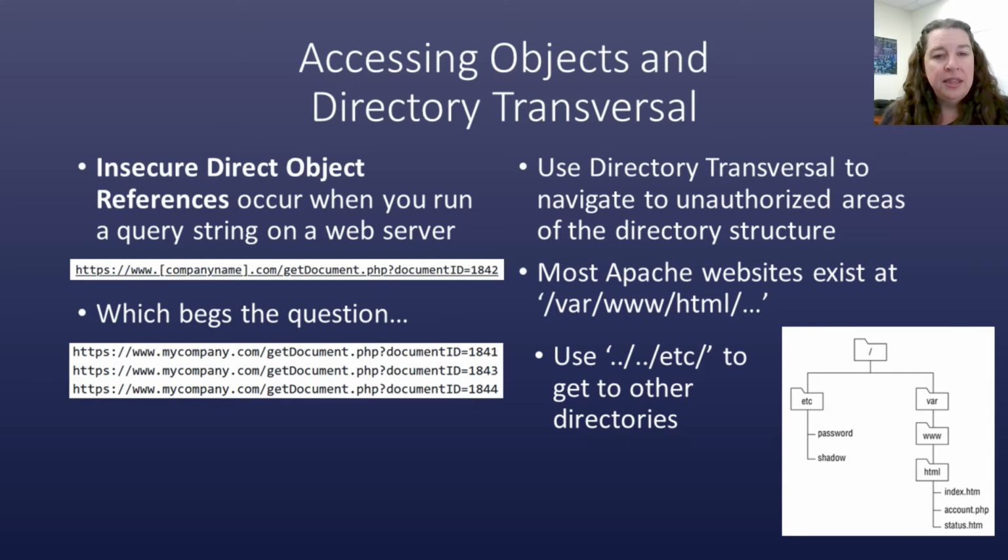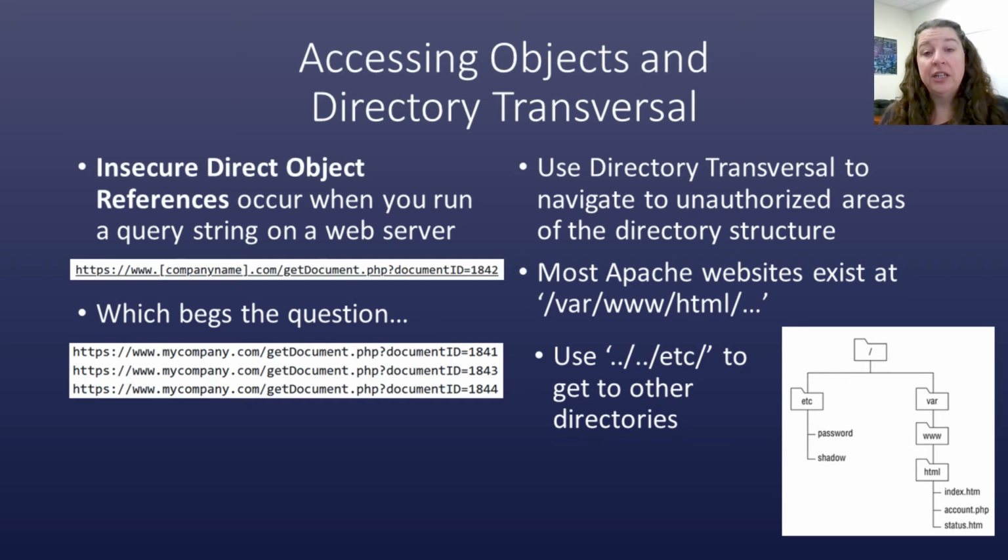By using this type of insecure direct object reference when you use a query string, hackers can intuitively figure out additional documents as they go along. By using the PHP option of get document, that doesn't do any extra validation to make sure that that's a problem, it goes ahead and gets that actual value. So we call this accessing objects insecurely without going through some sort of validation.